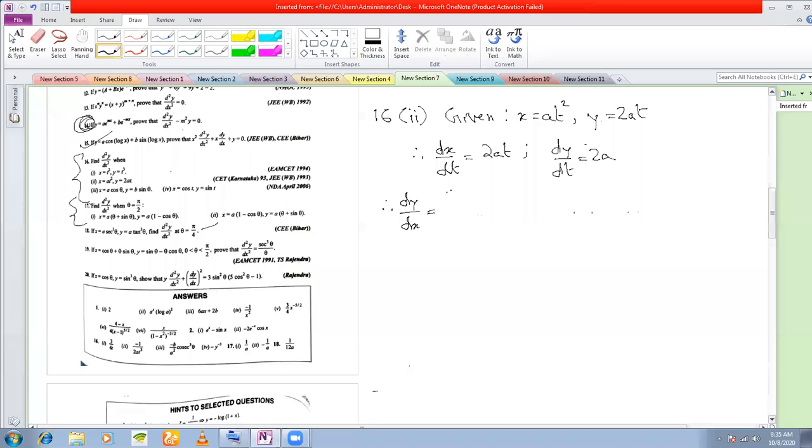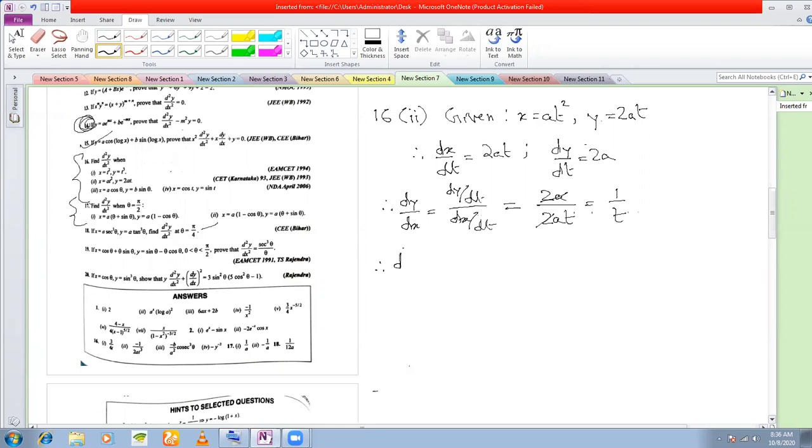dy dx is dy dt by dx dt. You remember all this or not? Yes, sir. 2a by 2at. The 2a cancels, you simply get 1 by t. So you're getting dy dx as 1 by t. Now the point is how to find d2y dx2.